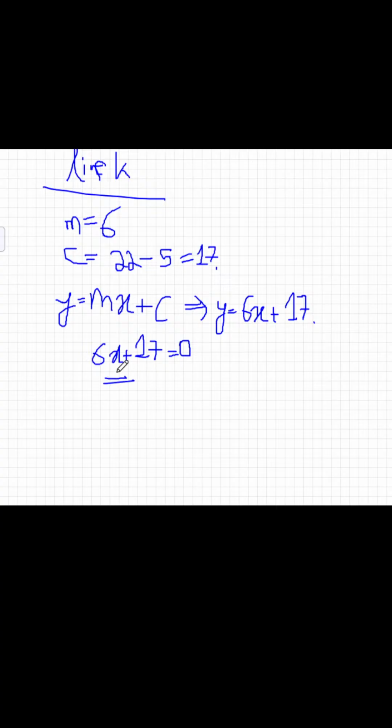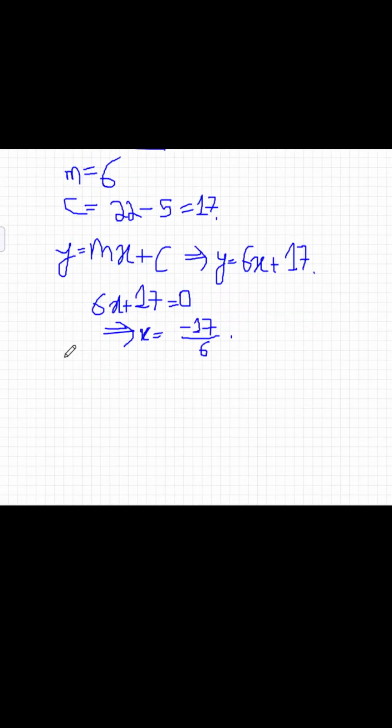Then we have to find the value of x. So x is equal to minus 17 divided by 6. So this is the x-intercept. The point at which the line intersects the x-axis will be minus 17 by 6, comma 0. So this is the required point.